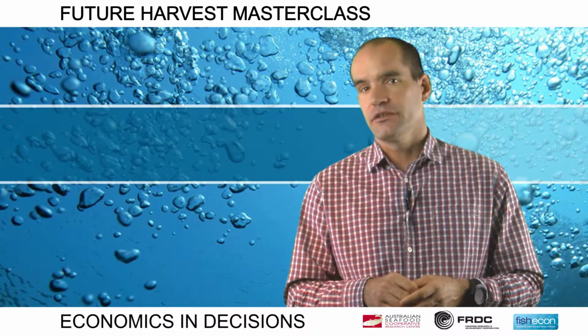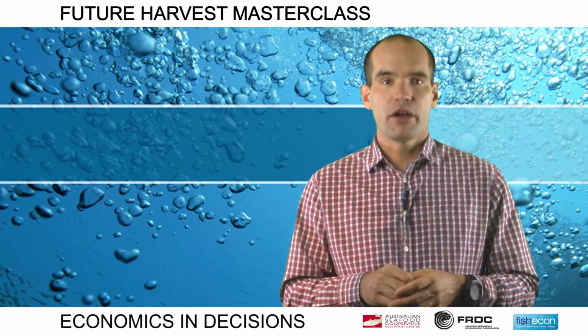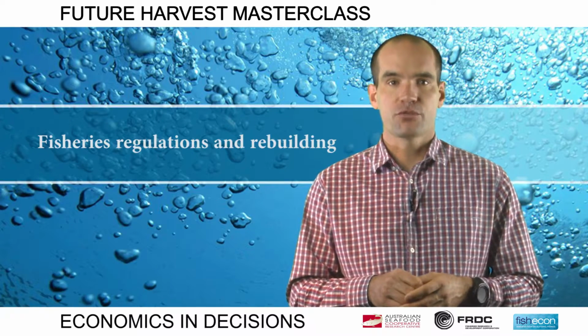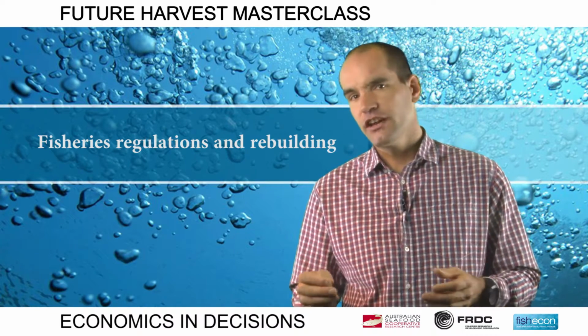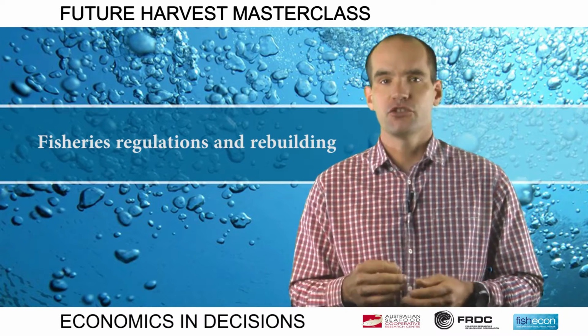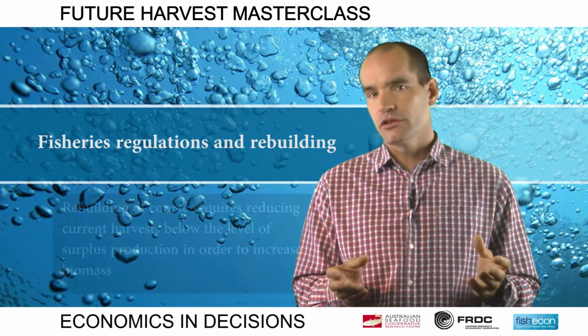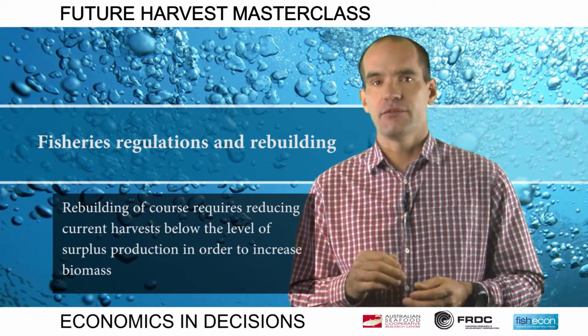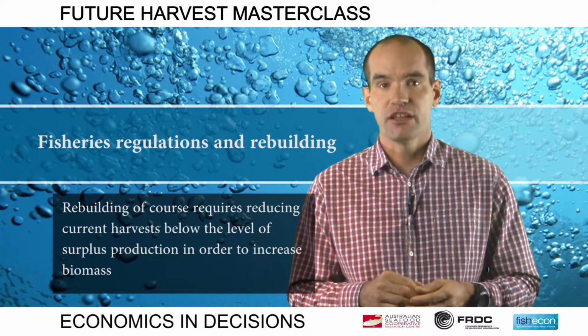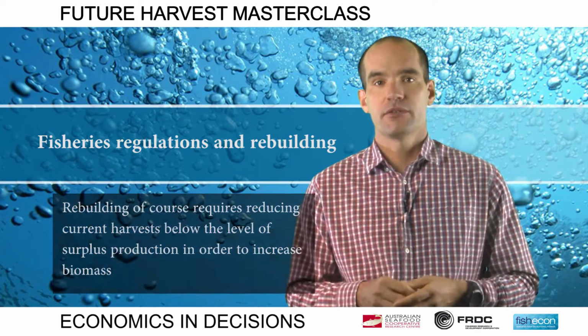It is worth noting, however, the growing role for bioeconomics in informing fishery stock rebuilding strategies. That is, strategies aimed at increasing the level of fish biomass, say to its MEY target level. Rebuilding, of course, requires reducing current harvests below the level of surplus production in order to increase biomass.